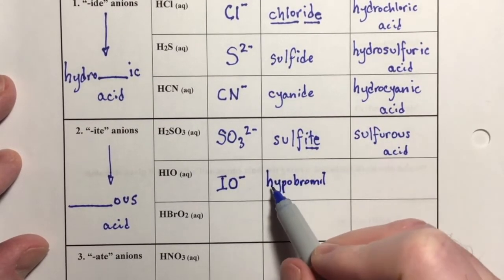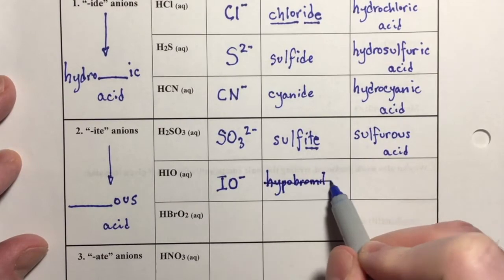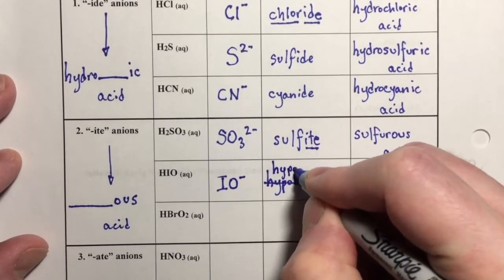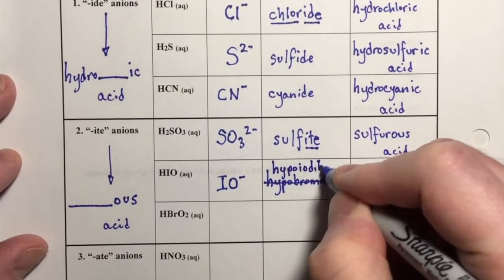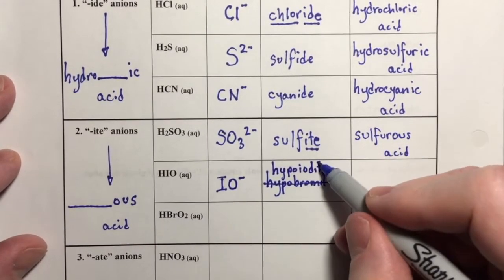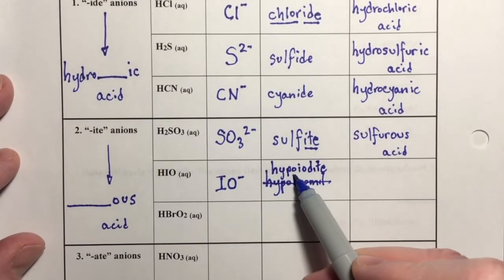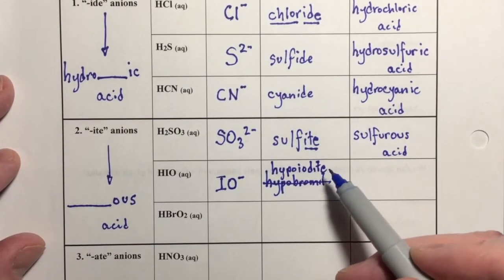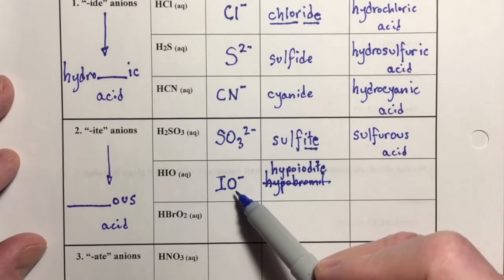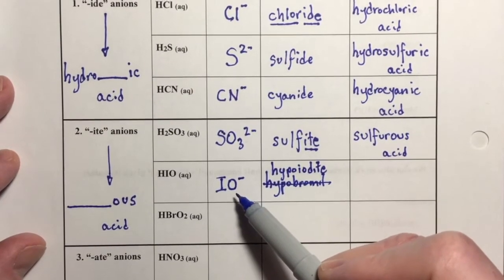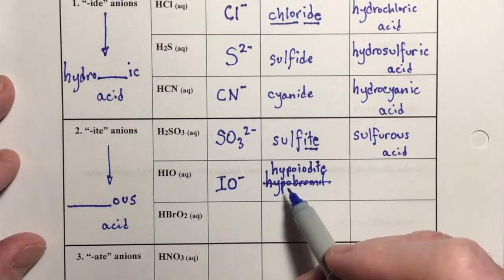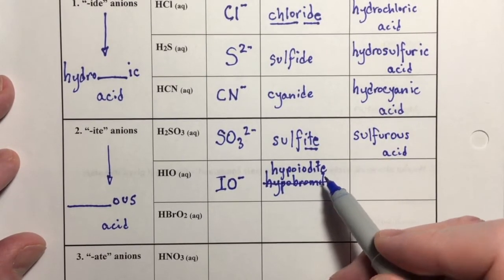The hypoiodite, sorry. Ion, HYPO IODITE, hypoiodite. It's 1 oxygen less than the iodite, which is itself 1 oxygen less than the iodate. So here we have the hypoiodite ion.